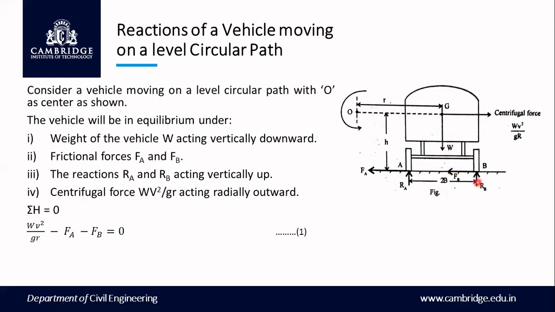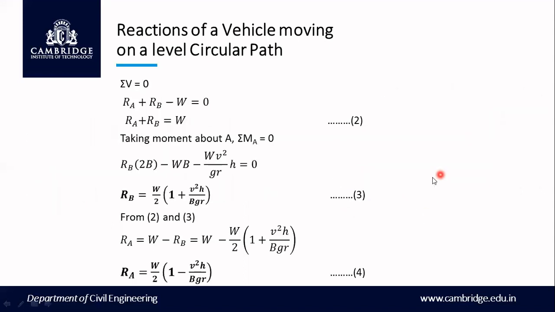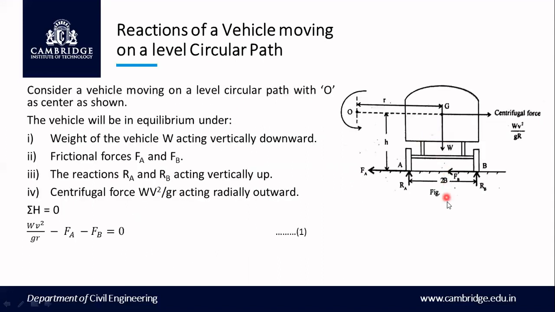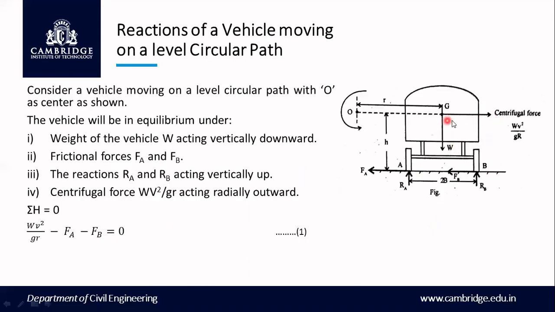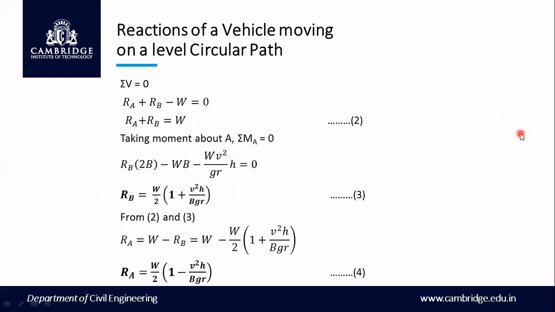Here, since RB is making an anti-clockwise moment about A, plus RB into perpendicular distance 2B, and this one is clockwise, so we are taking minus W into perpendicular distance B, and again this one is also making clockwise about A, therefore WV square by GR into perpendicular distance H, with a minus sign, is equal to 0.